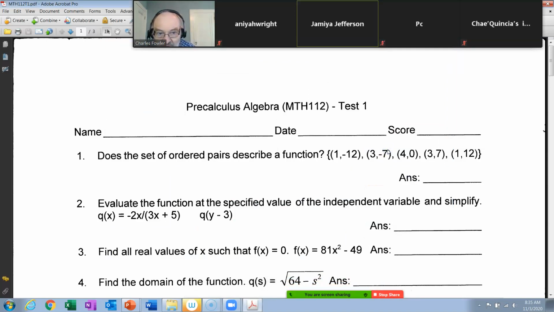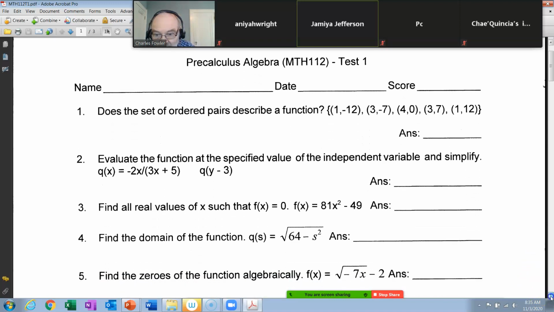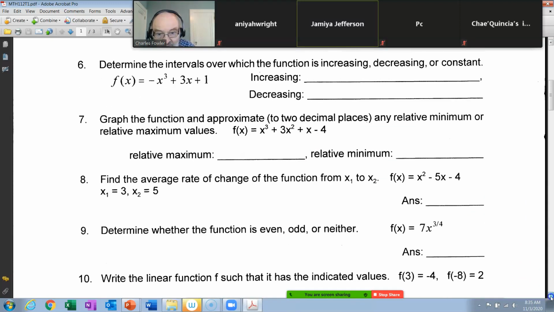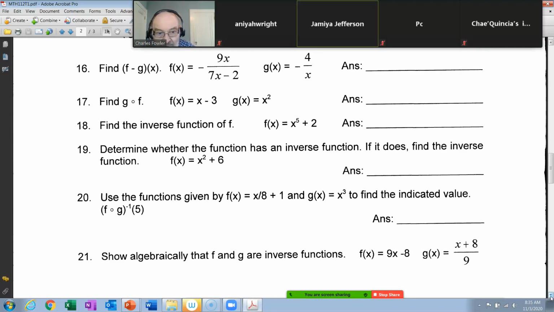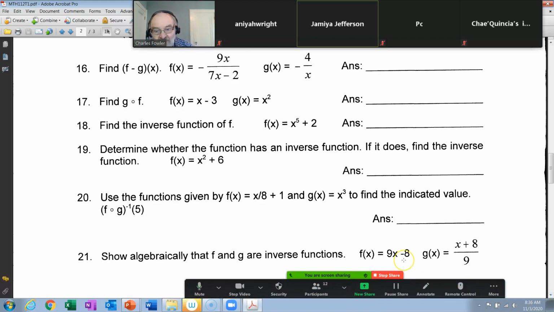Okay, does that look like the test you're talking about? Okay, which question? Oh, right near the end. When it says f of x equals x over 8 plus 1, are you saying x over x plus 1 or x over 8, plus 1? Okay, I understand now what you're saying.